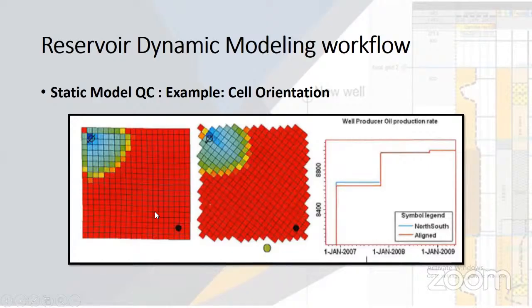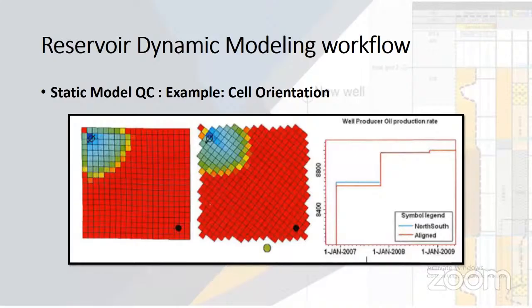What is the best cell orientation to use? Usually the structural model should consider that the cell orientation should be in the same flow direction. Why?